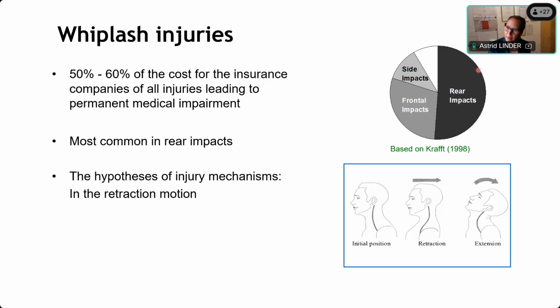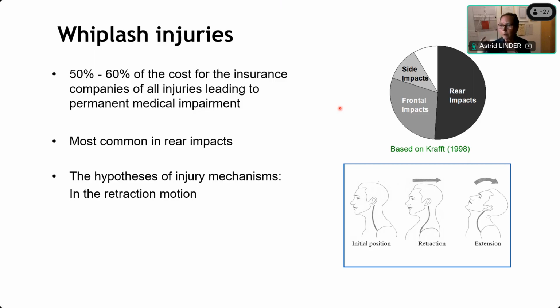We know that rear impact dominates, but we also know that a big part, in the order of 40%, is in frontal impact. And that is something that I know several of you attending today have started to focus on, which is of course also very important, where the countermeasures are different than in the rear impact.